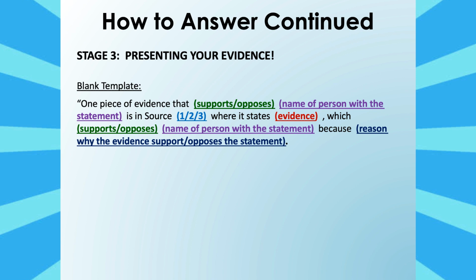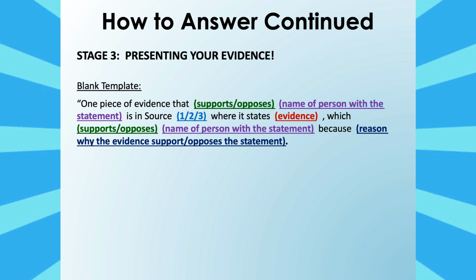You then say which supports or opposes the name of the person, because, and then you maybe need to give a bit of a reason as to why that evidence does support or oppose the statement of the person.